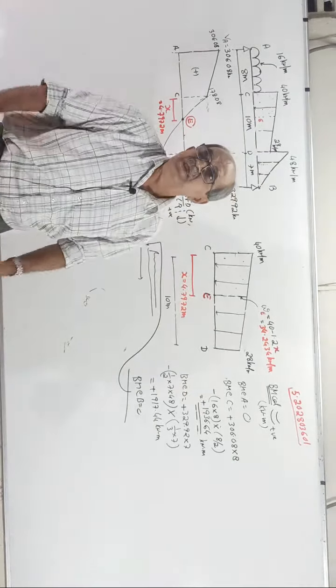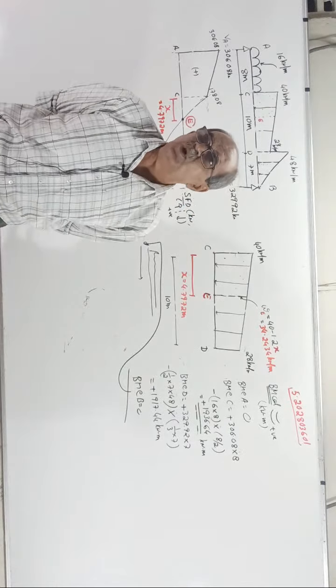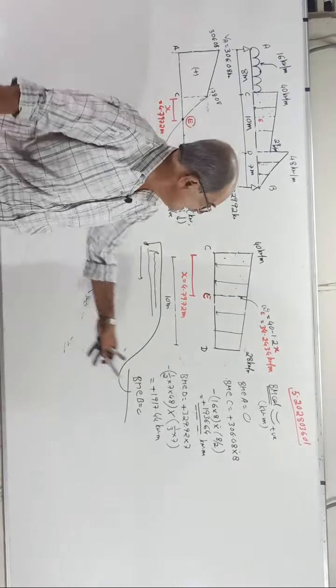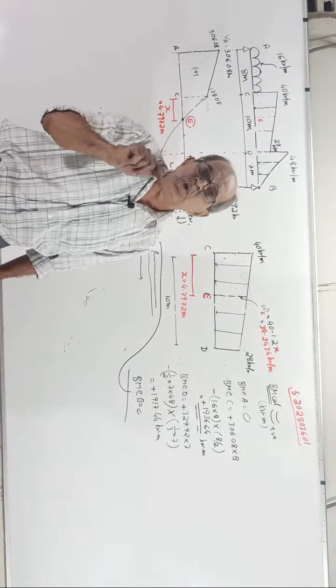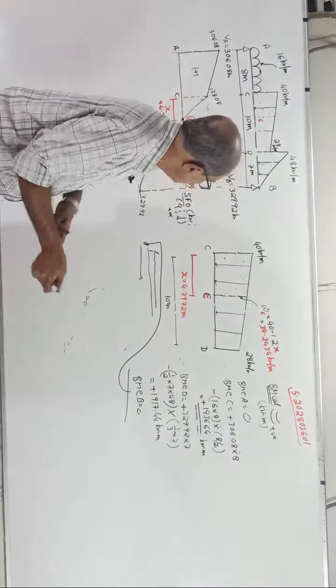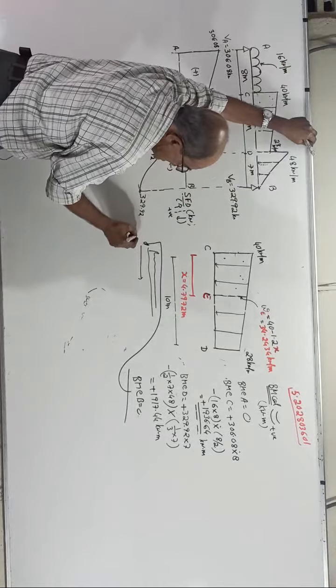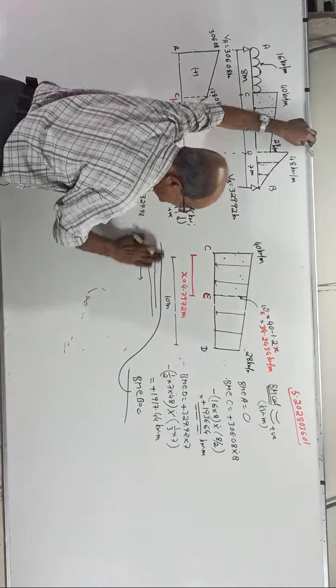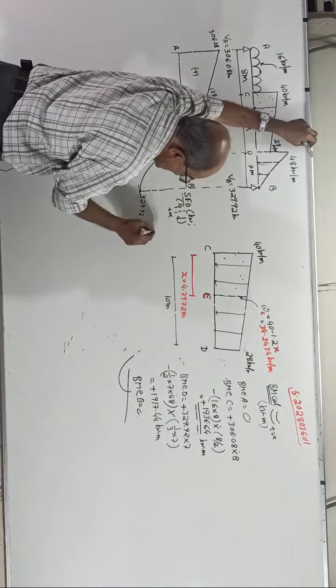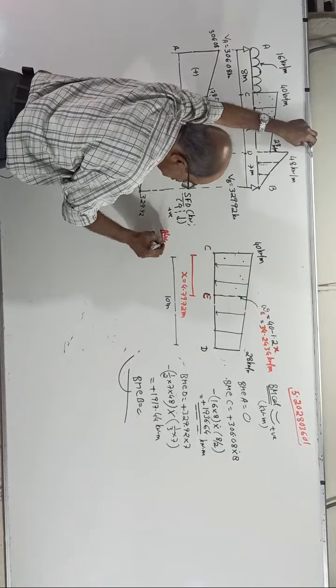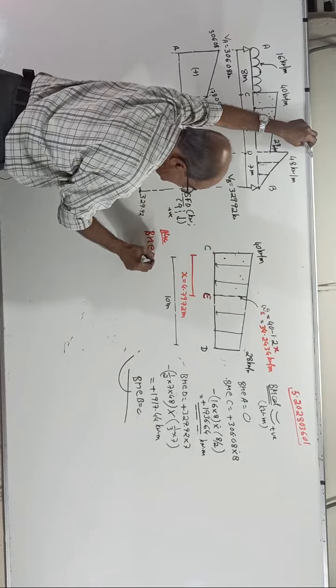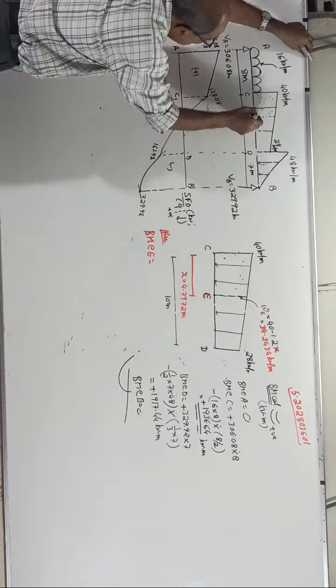See, if the SFD crosses baseline at a known point, it is a standard point. It is already over here. If it is an unknown point or located point, yes, it is E. So you require lastly bending moment at E, right? Clearly. You also require bending moment at E.